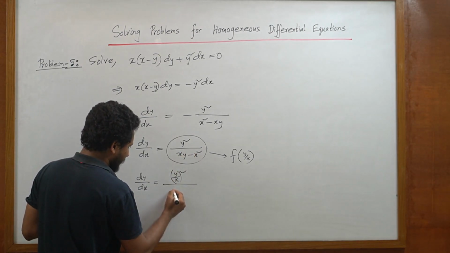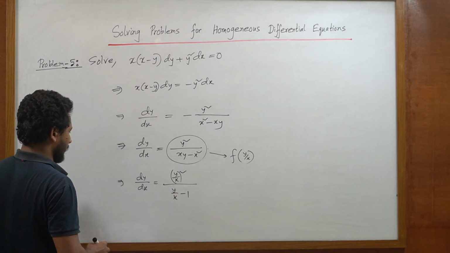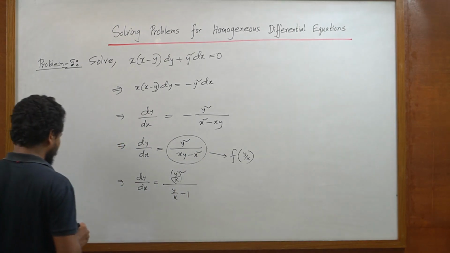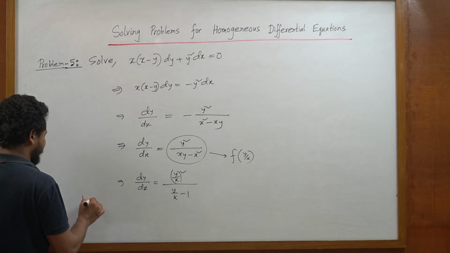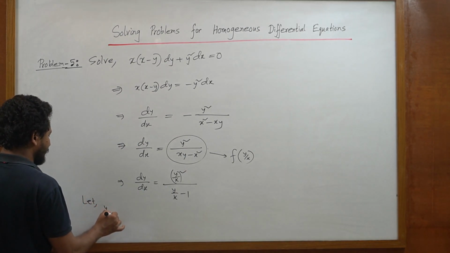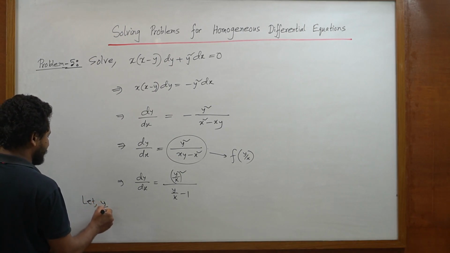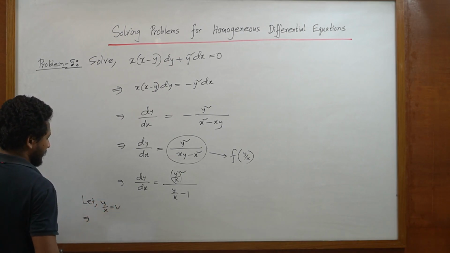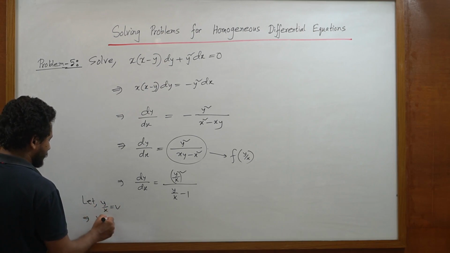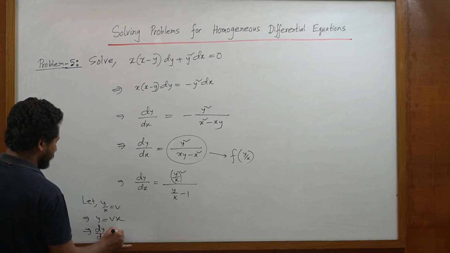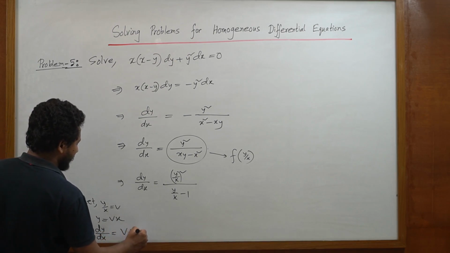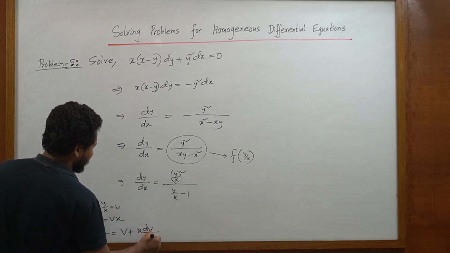We get y by x minus 1. Now let's take y by x as v, so y equals vx, and dy/dx equals v plus x dv/dx.